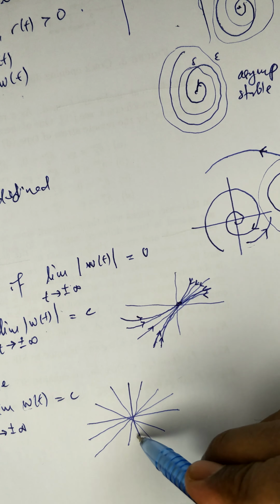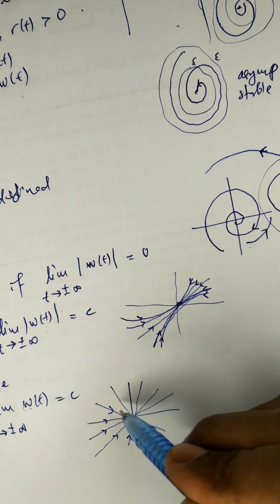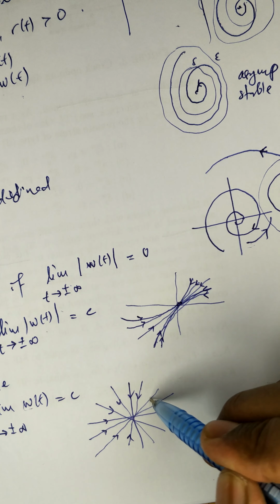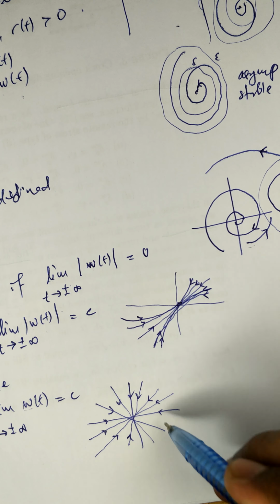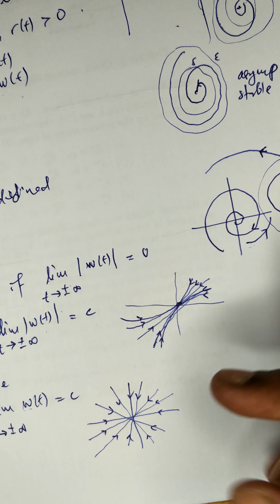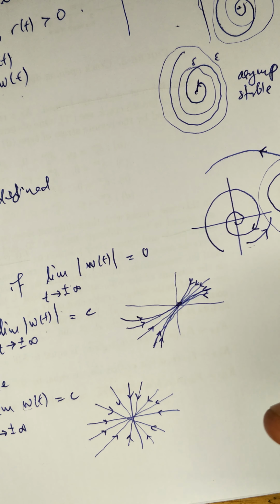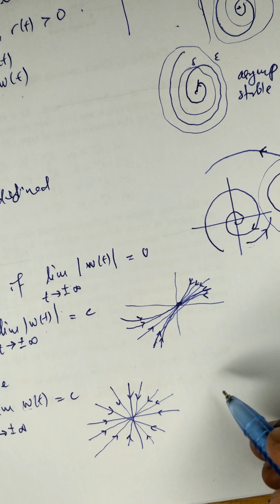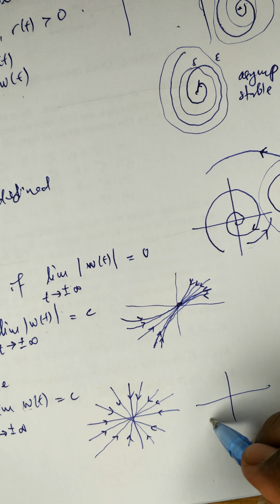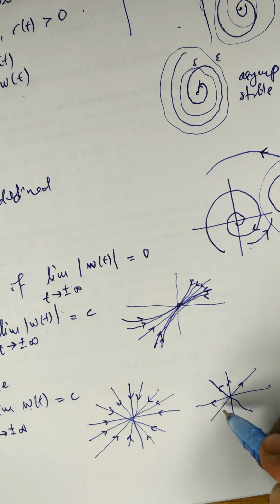And if the trajectory points toward the critical point, we call this a stable proper node. If it goes away from that, then it is unstable.